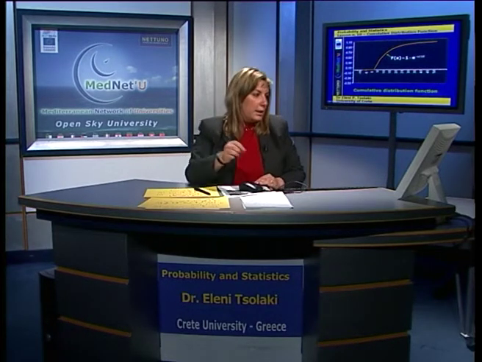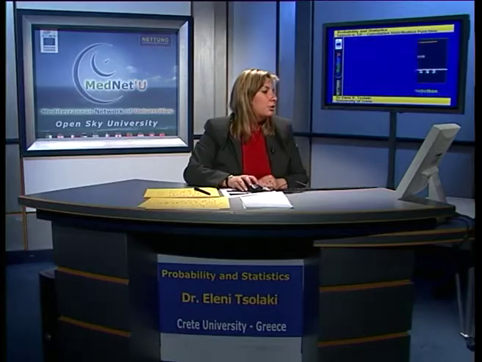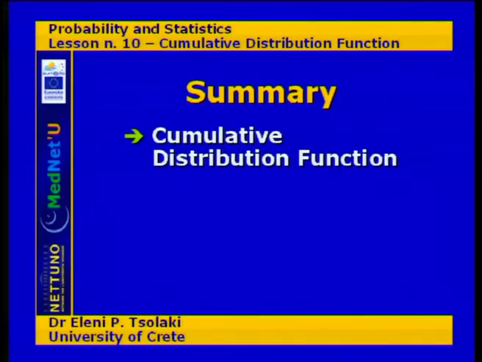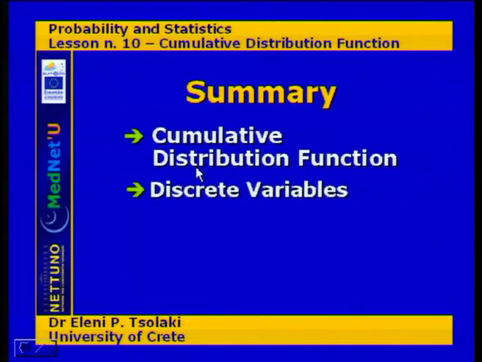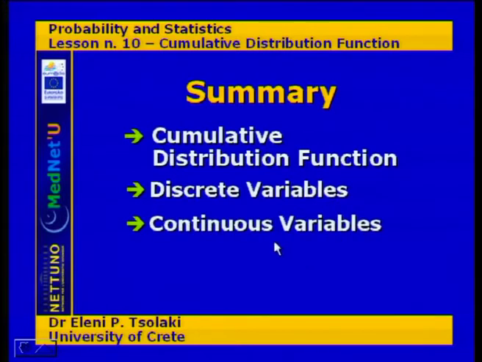So in this lesson, we have seen the cumulative distribution function for discrete variables and for continuous variables. Actually, the formula is the same, although we have seen that they look very different.